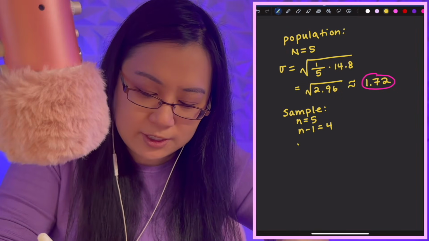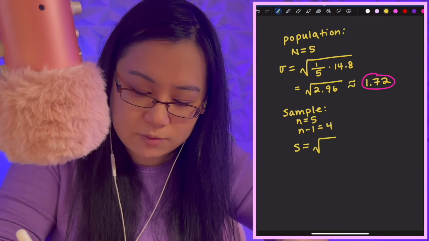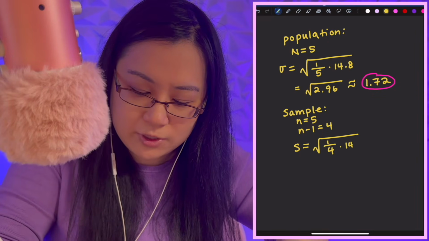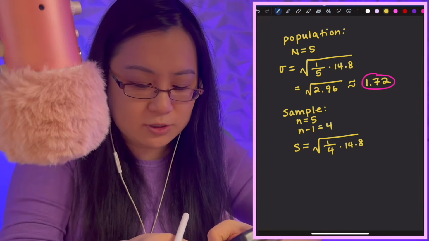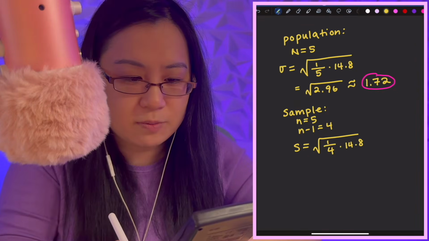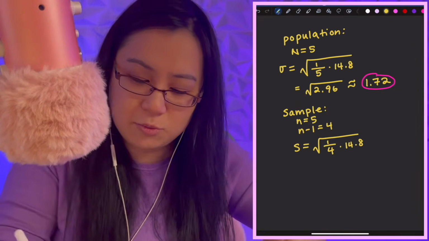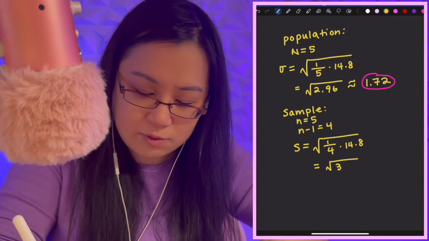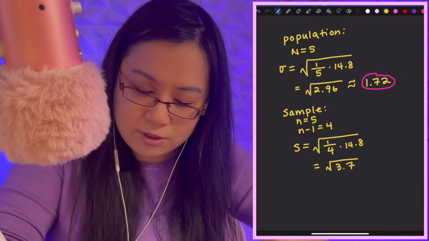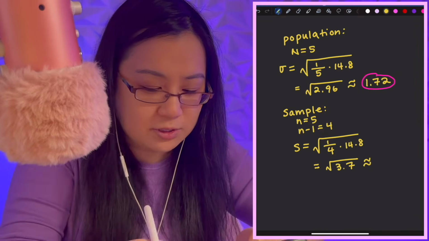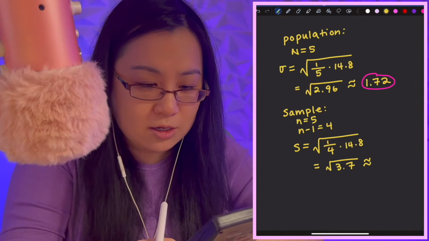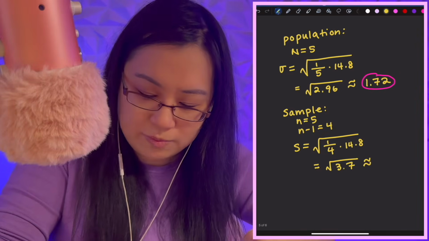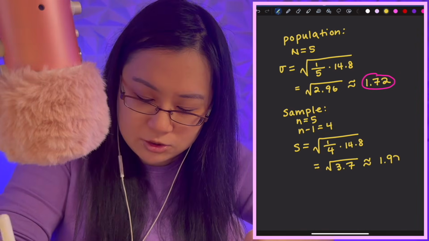So s equals the square root of 1 over 4 times 14.8. 14.8 divided by 4 is 3.7. So this would be the square root of 3.7, which is approximately 1.923, but I'll just say 1.92.